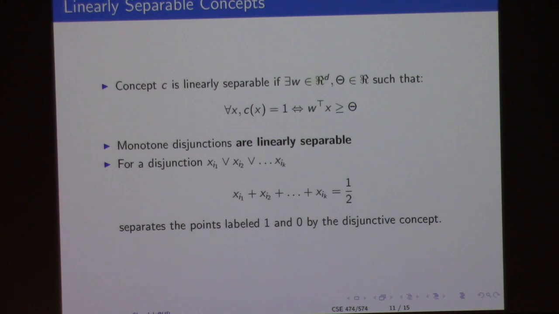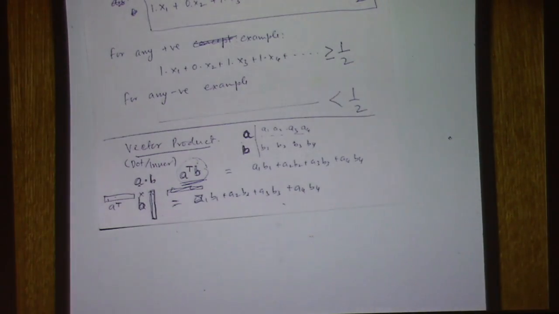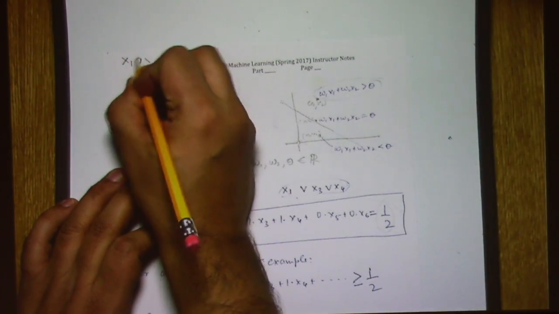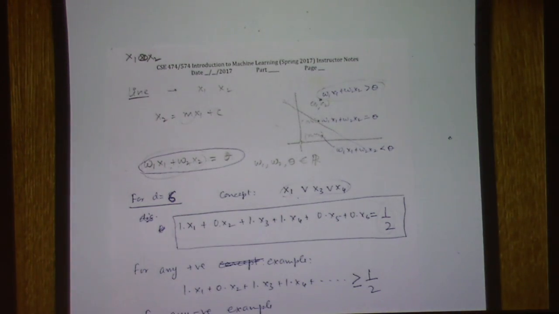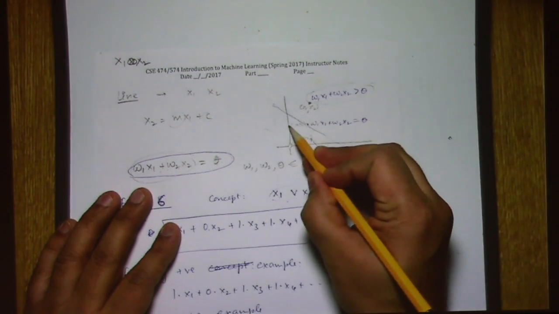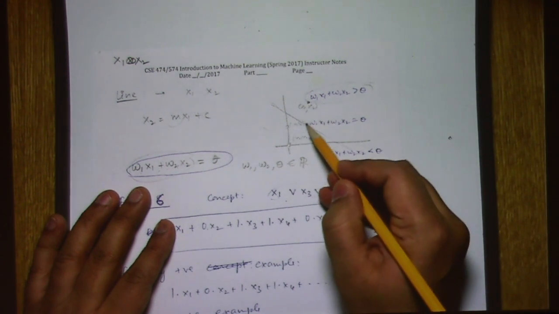That's a good question. So if you think of one particular example which is not a monotone disjunction, that's what we call an XOR example, which is data that is labeled by X1 or X2, but it's only true if exactly one of them is true. Otherwise not. So in that case, what you will see is that these 2 points will be true and these ones will be false.